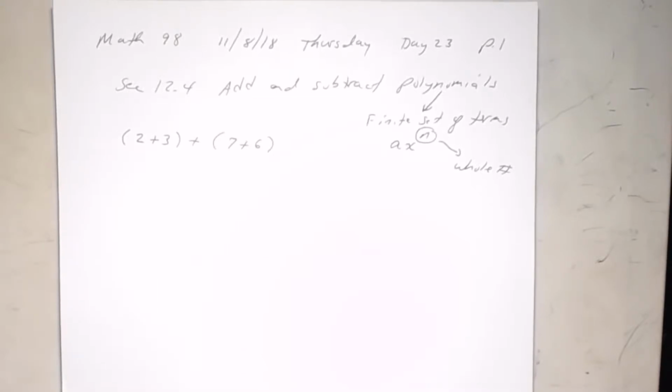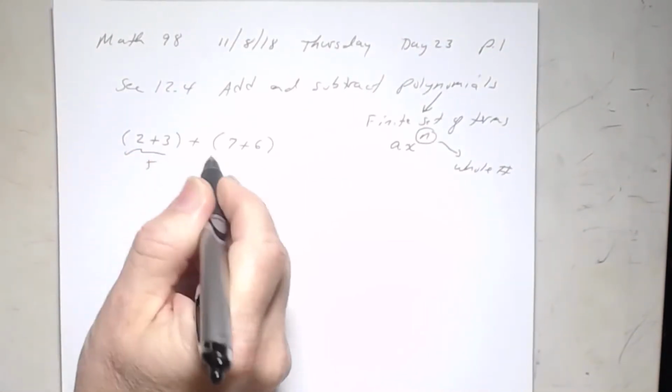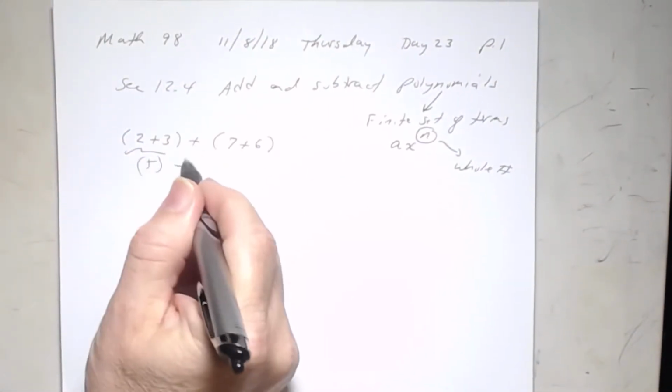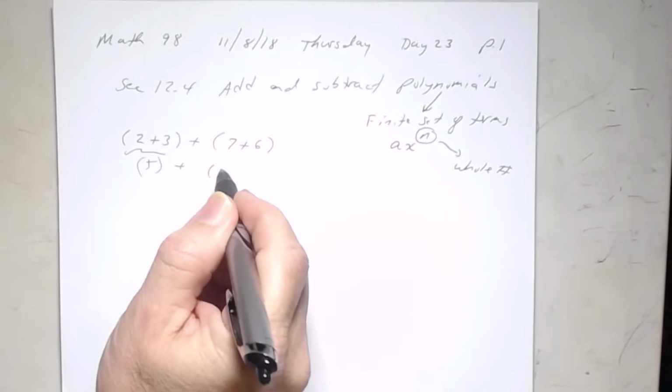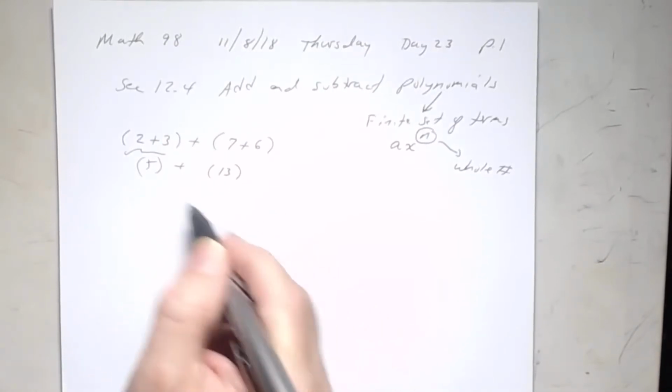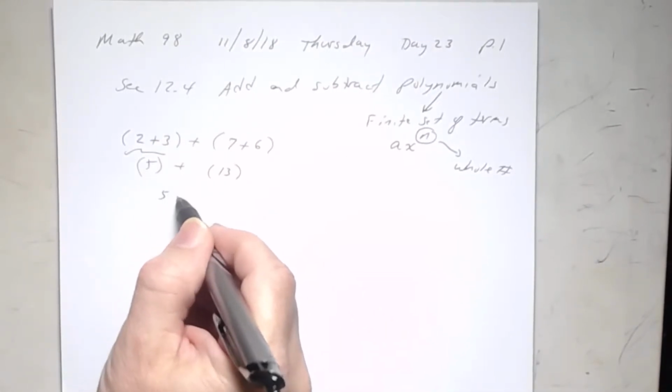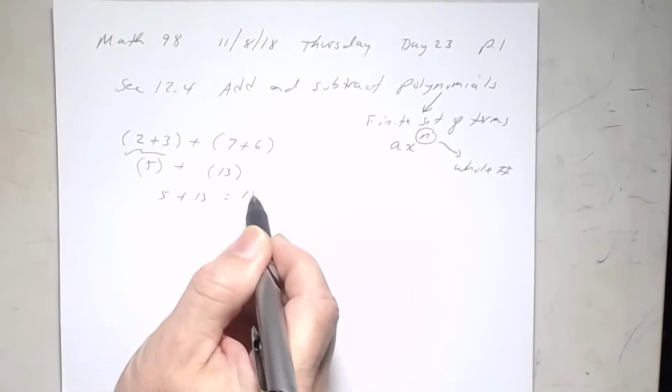You're probably all thinking of the order of operations, and these are all real numbers, so I can combine these constants. You said 2 plus 3 is 5, and 7 plus 6 is 13, and then 5 plus 13 is 18.